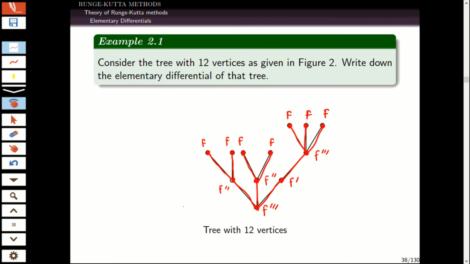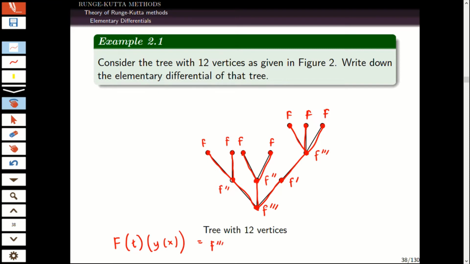Okay, so how do you write it? F(t, y) is a function of t and x. Let's say we have this one equal to, so I will start with the root.